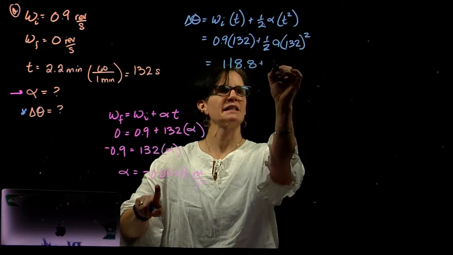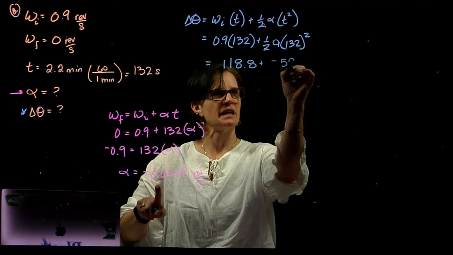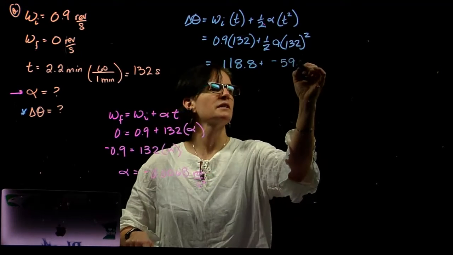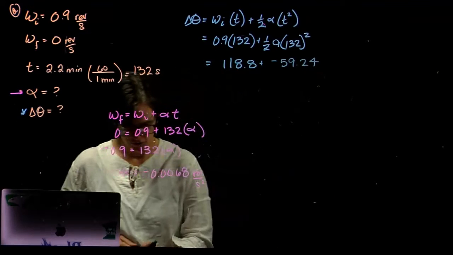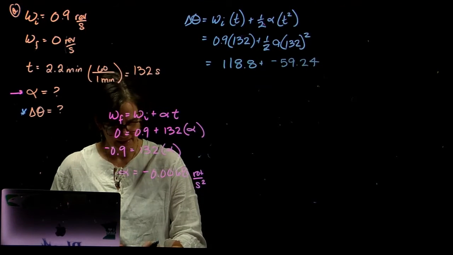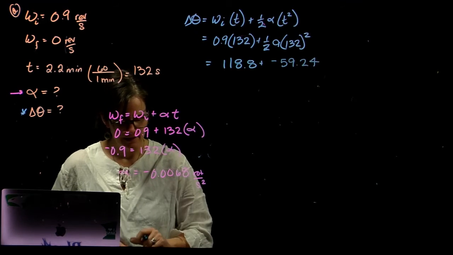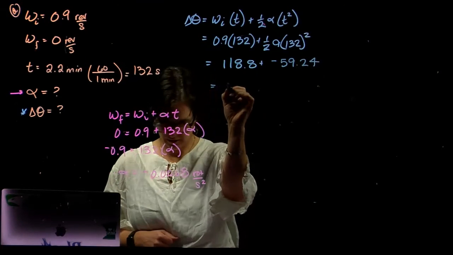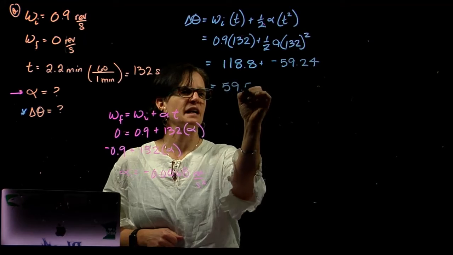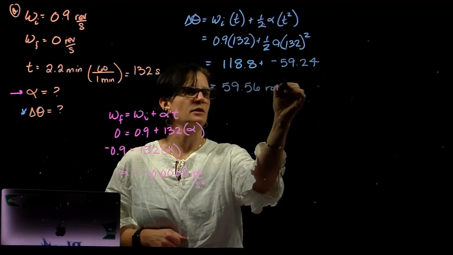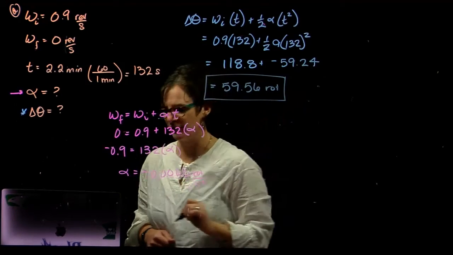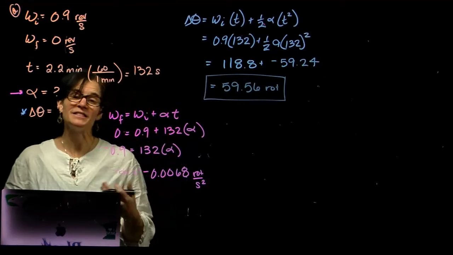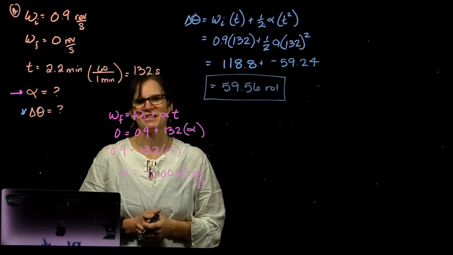And that gives us negative 59.24. So 118.8 minus 59.24 gives us the total number of rotations, 59.56 rotations. So in that amount of time, we make about 59.5 rotations.